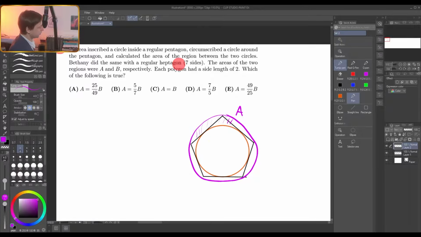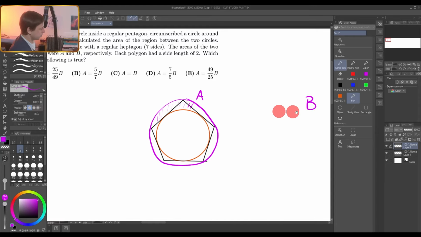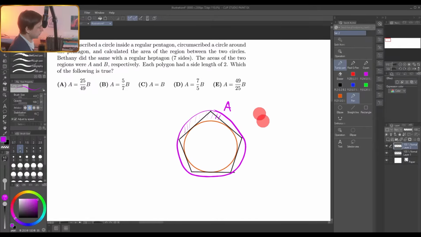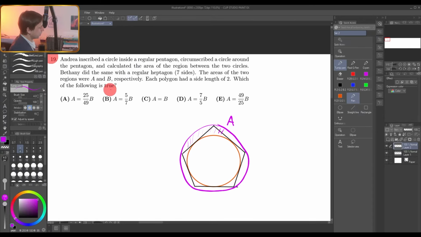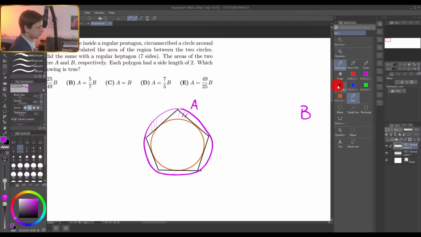And for the heptagon with 7 sides, we will not make a picture, but it will be B, if you calculate the similar area of the ring for the heptagon, and each polygon has a side of 2, so this side is 2, and the heptagon also has a side of 2. Which of the following is true? So you need to find the relation between area A of this ring and the area B of the similar ring for the heptagon. Perfect. So let's not forget that this one is simply 2.